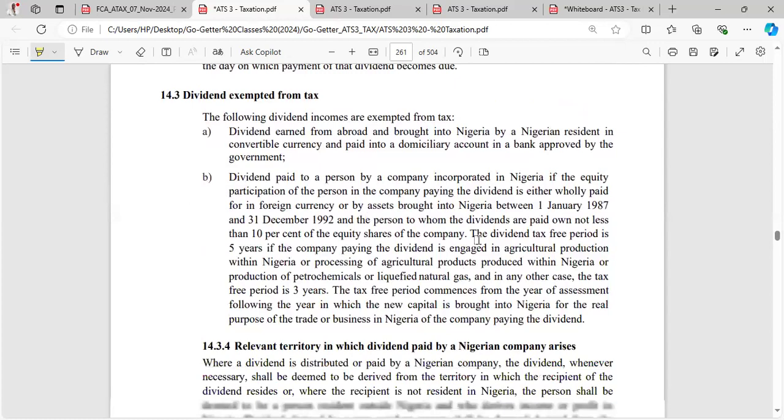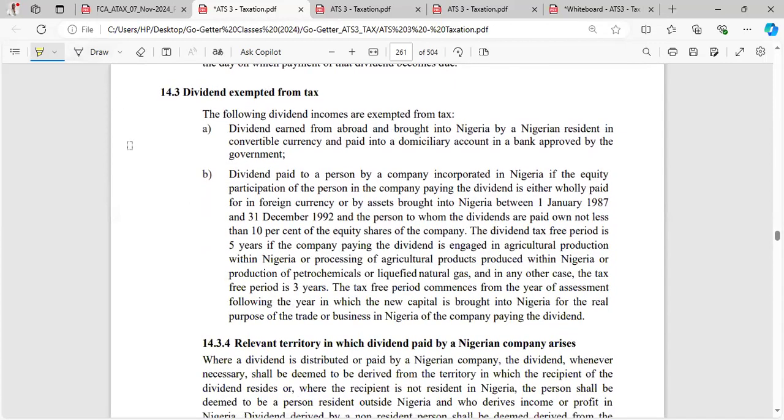Now, dividends exempt from tax. The following dividends are exempt from tax. Dividends earned from abroad and brought into Nigeria by Nigerian residents in a convertible currency and paid into domiciliary accounts in a bank approved by the government. So what it means here is you are a Nigerian resident.